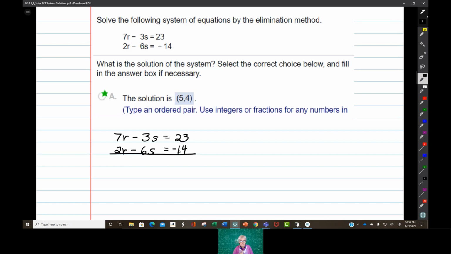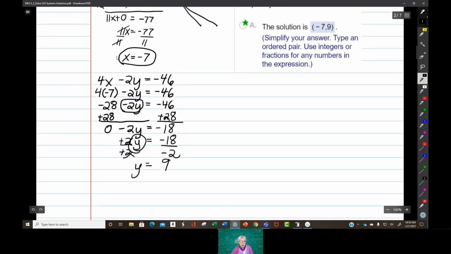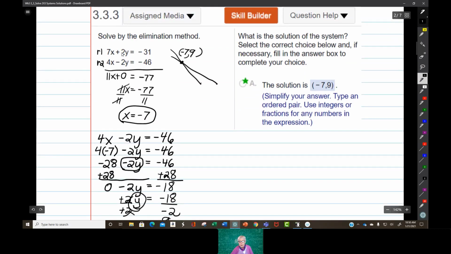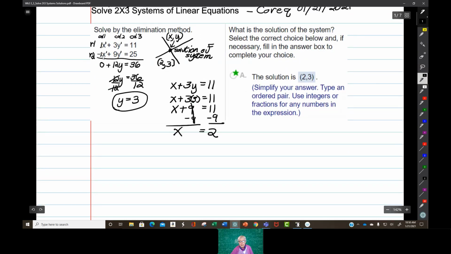Now notice, we can't just add the two lines together like we did before, and one of the variables will automatically cancel out. Incidentally, in the previous problem, we could add the two lines together, but we'd have 2y minus 2y, which gives us 0, and 1x minus 1x would automatically give us 0.